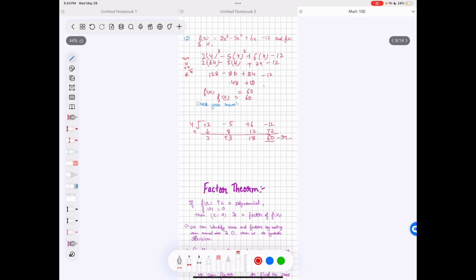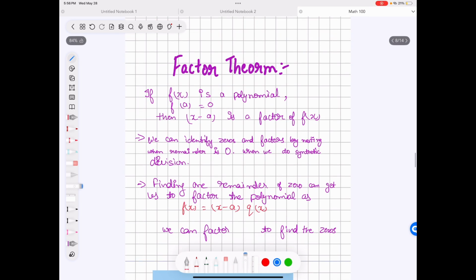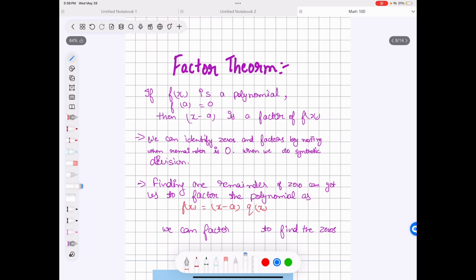We can continue and do our factor theorem. Factor theorem says if f of x is a polynomial, and we plug in the value of x as a, and it equals 0, then x minus a is a factor of f of x.